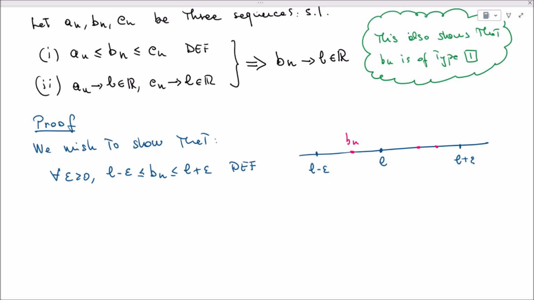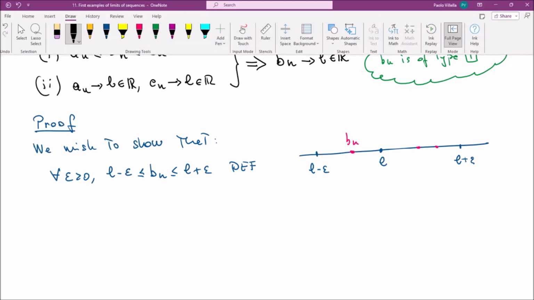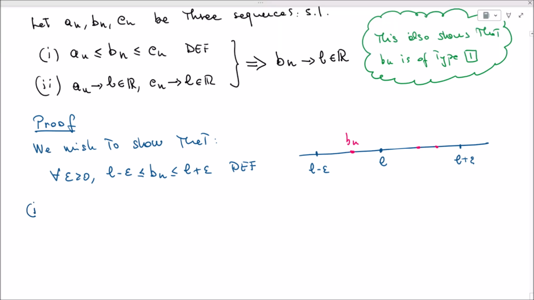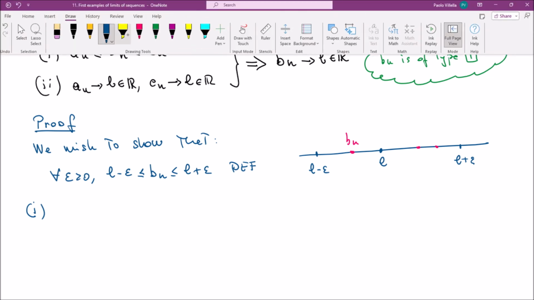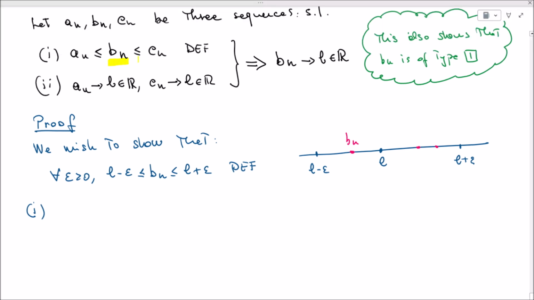Okay, so let's use the first condition. The first condition says that, remember that Bn is definitively within, is always larger than or equal to An and less than or equal to Cn definitively.